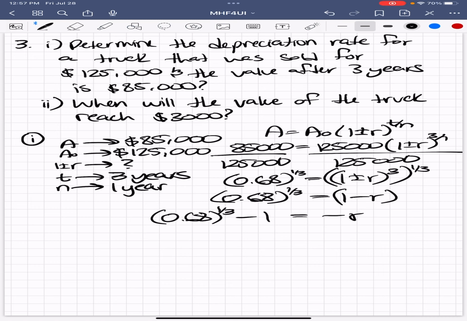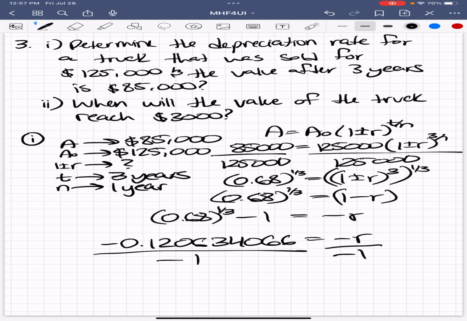So if we plug this into our calculator, we get negative 0.120634066, negative R. We want R by itself, so we're going to factor out a negative 1.